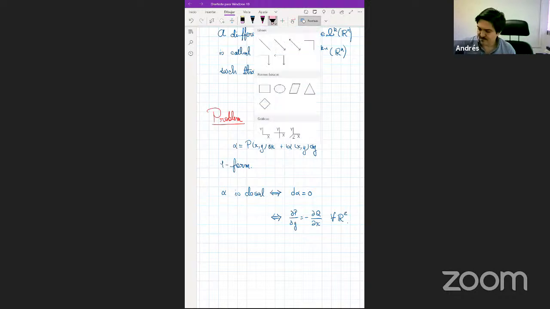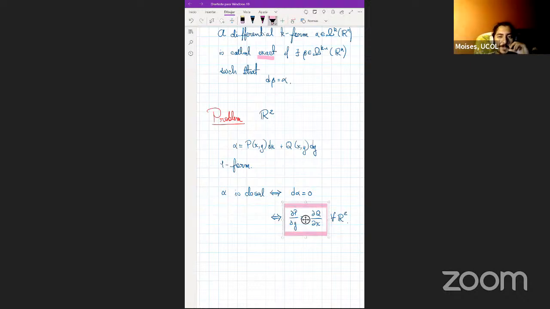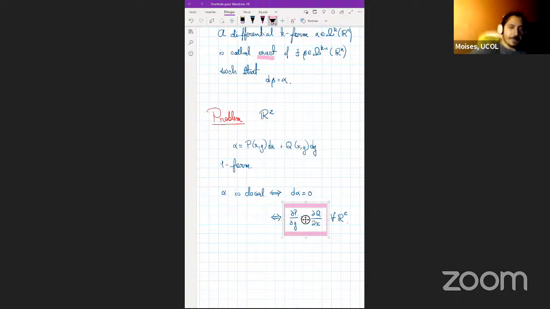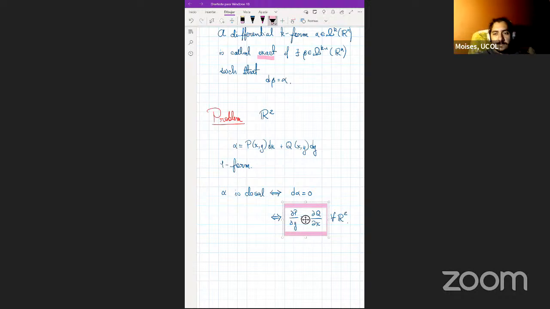Right? And do you remember something like this? Green's theorem. Exactly.